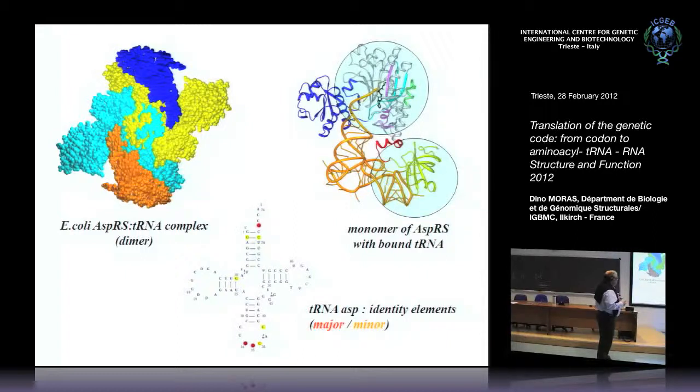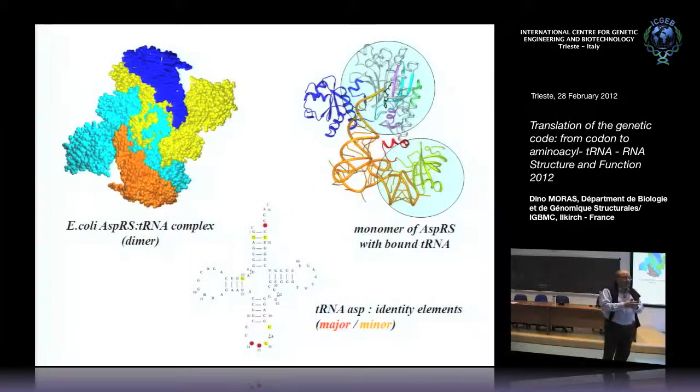But in other synthetases, the anticodon is not recognized at all. What is important is to grab the correct transfer RNA. That's why on the transfer RNA you have key positions, so-called identity elements, positioned in different places. Here you have this position.